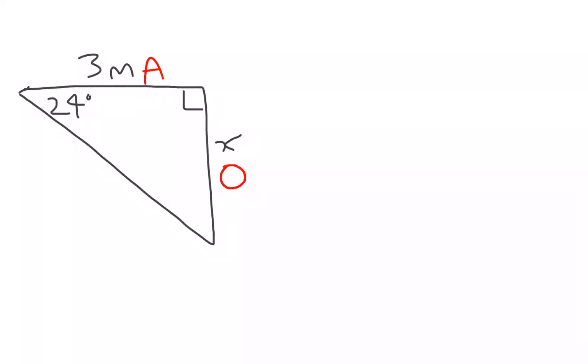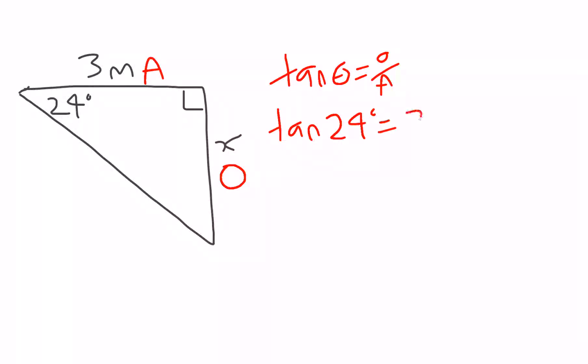Opposite and adjacent means I have to choose the ratio that has opposite and adjacent, and that's tan. So I write the ratio. Tan of the angle is opposite over adjacent. And again, I substitute in the values. Tan of 24 degrees equals, the opposite is x, the adjacent is 3.